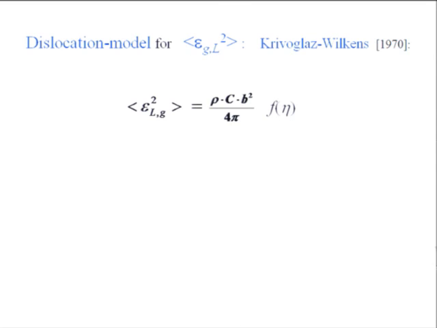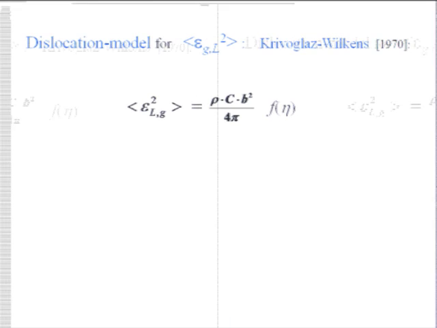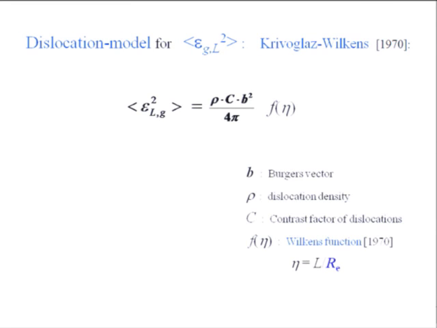Whenever you have done a Warren-Averbach analysis, you always had to realize that the mean square strain is not a number. It depends on the Fourier coefficient, on the Fourier parameter. This is what I told you before. Now this eta parameter in this f(eta) function contains the Fourier variable L, and this is the so-called effective outer cutoff radius of dislocations. It's not a very complicated parameter.